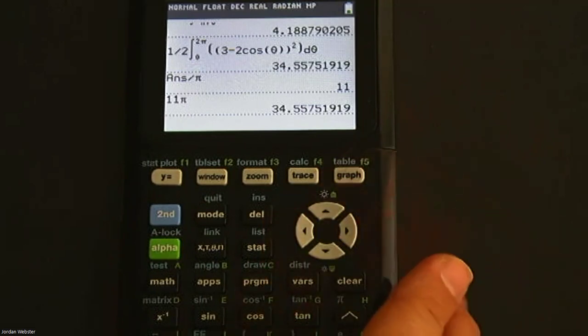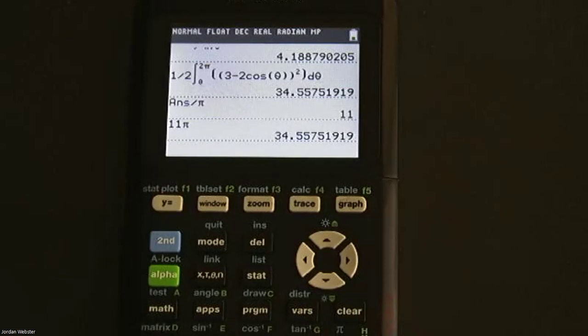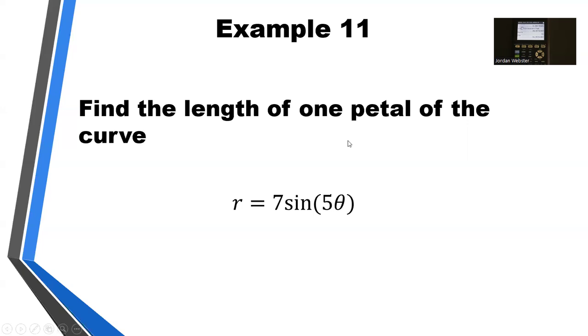So that's how to integrate with polar. Obviously, interior area was not the only integration that we did. Another way that integration came up was finding arc length. We also found surface area as well.